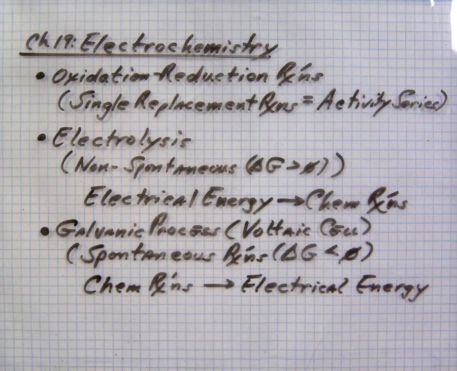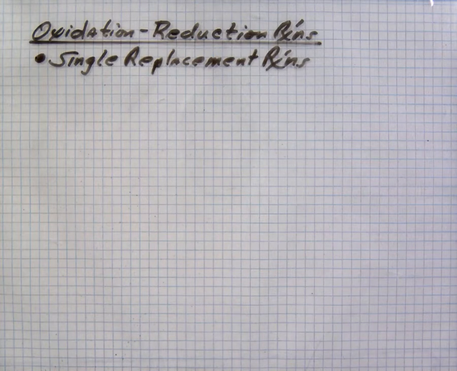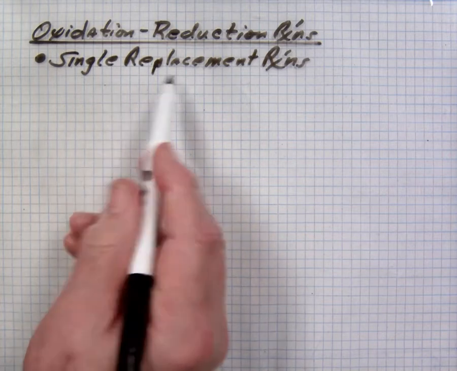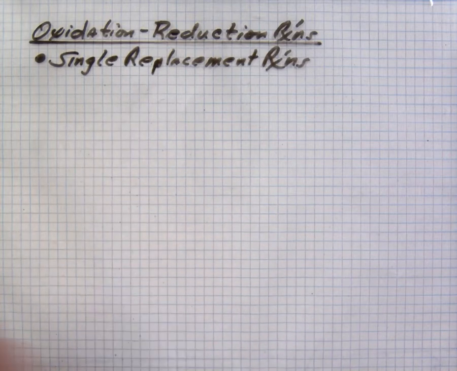So we will begin our study of electrochemistry, again reviewing the oxidation reduction reactions. As we begin with the discussion of oxidation reduction, the single replacement reactions are the primary type of reaction used in electrochemistry.